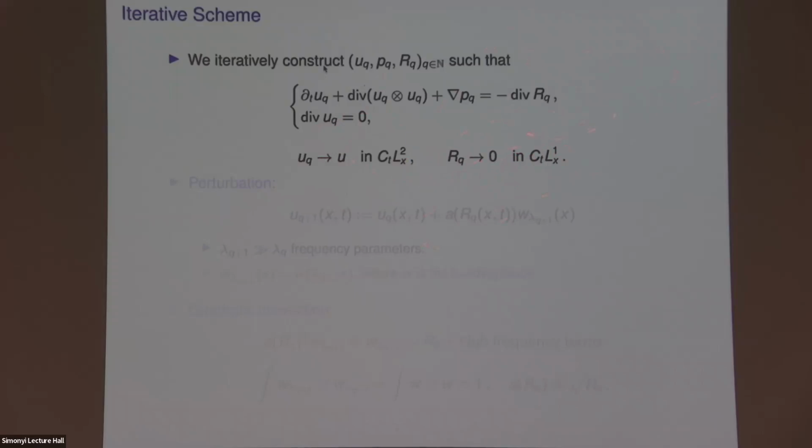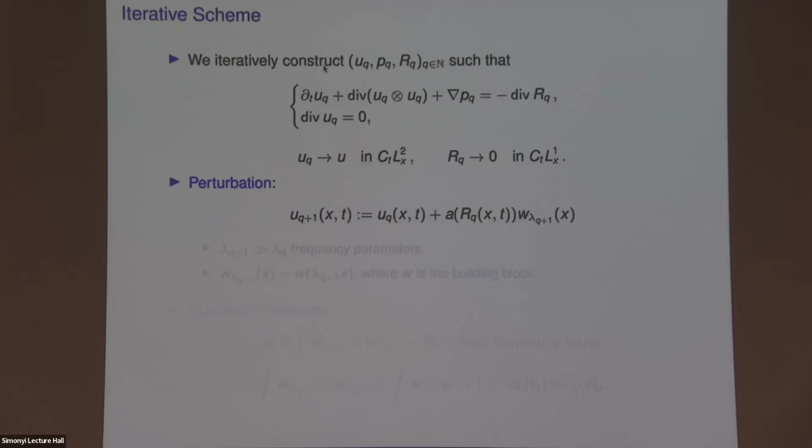And of course, along the iteration, we would like to control a bit the regularity of the solution, and the minimal requirement is to at least control the kinetic energy of the velocity field. But in order to say something interesting regarding the uniqueness of solutions with vorticity in L^p, one has to control also the vorticity of u_q in some L^p space. So this is what we need to control.